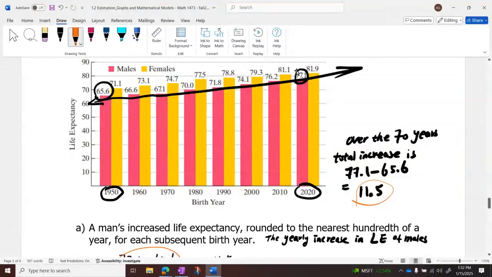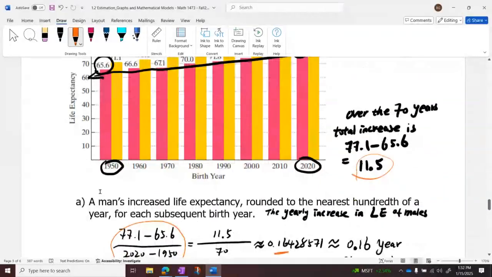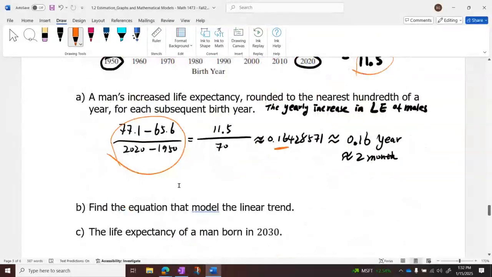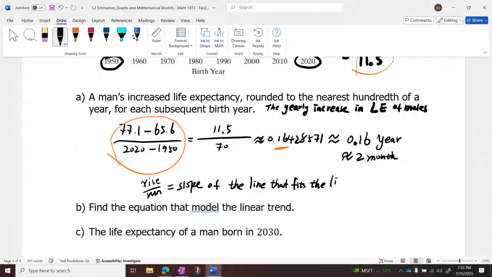The rise is 77.1 minus 65.6, right? Run is the 70 years. It is actually rise over run, so it is the slope of the line that fits the linear trend.